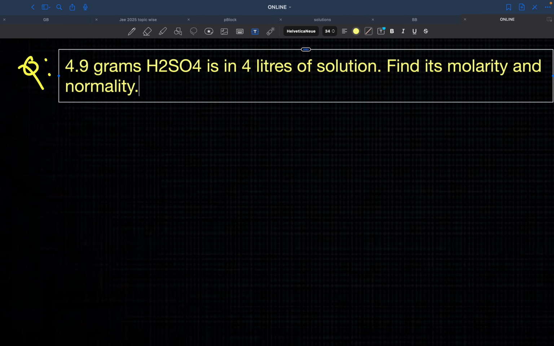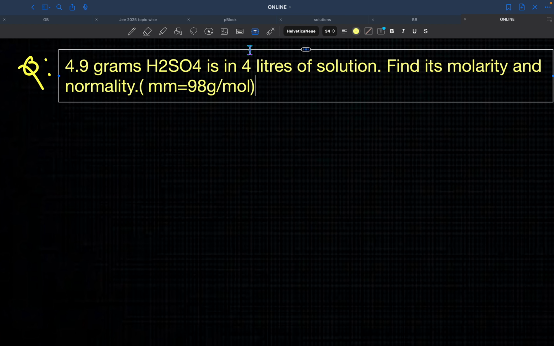Let's try it. Molarity is simple. Given molar mass equals 98 grams per mole. You are given 1 minute, solve it.